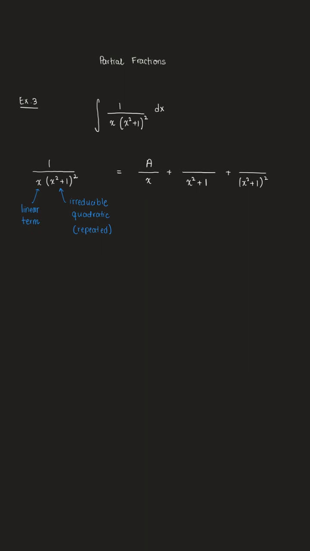When we have a quadratic term in the denominator, like x squared plus 1, we're going to need the possibility of a linear term in the numerator. And since that is repeated, and we have another quadratic for our third fraction, we need another linear term, like dx plus e, in the numerator.